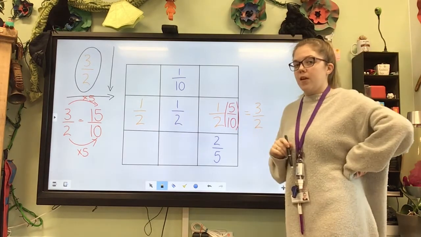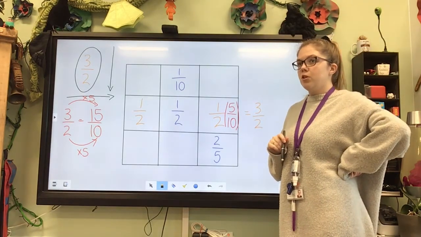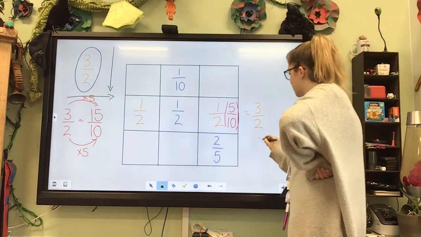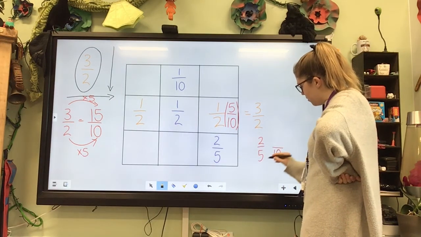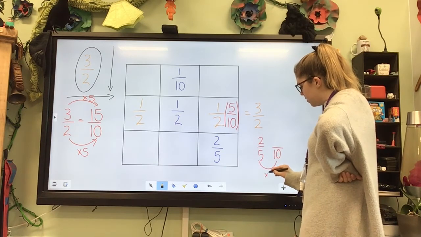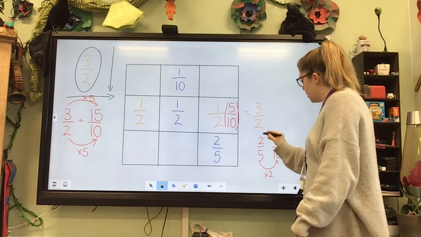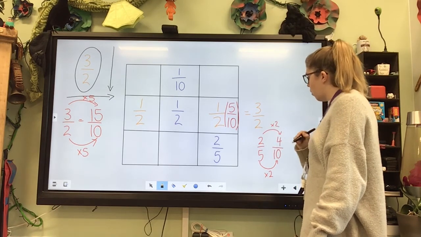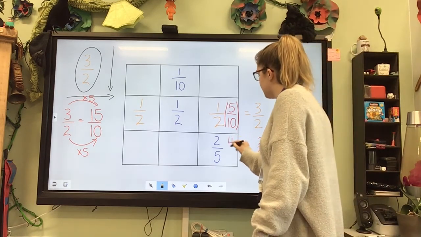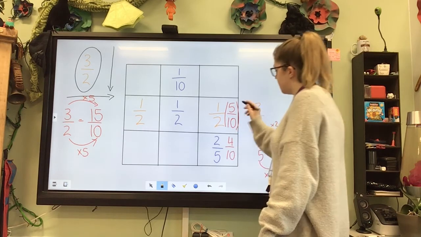What's 2/5 as in tenths? Let's do 2/5 into tenths. I'm going to do 5 times 2 and then 2 times 2, which is going to give me 4. So I've got 4 tenths and 5 tenths.